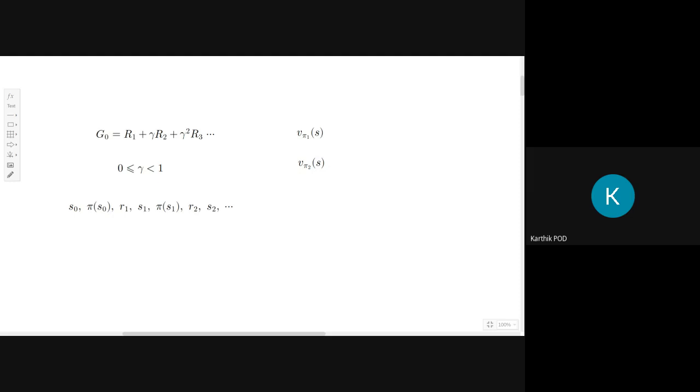While I'm transitioning between states, does the value function come into the picture? While you're transitioning between states, the value function doesn't come into the picture, because the only thing that matters is what your policy is and what the dynamics of the environment are.